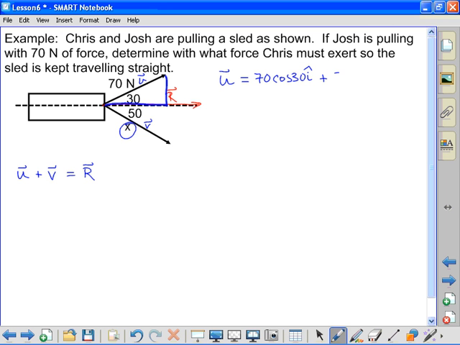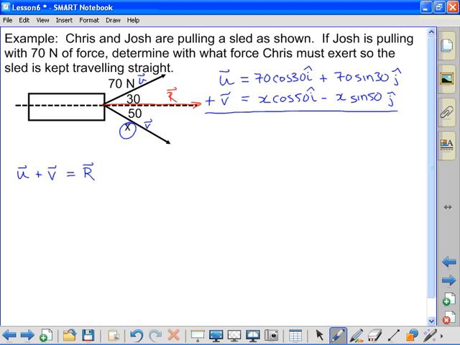So plus 70 sine 30 j, plus my v vector, which is equal to x. If I look at my components, positive x, negative y. So x cos 50 i minus x sine 50 j.